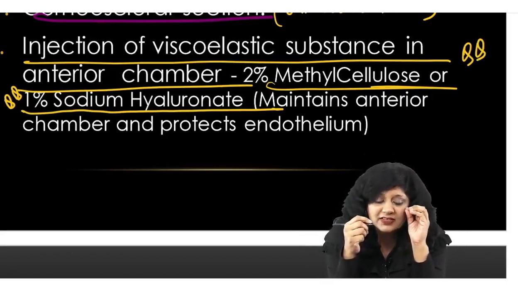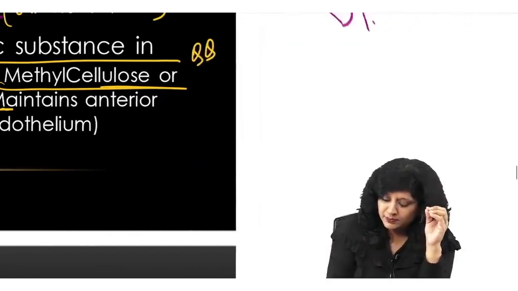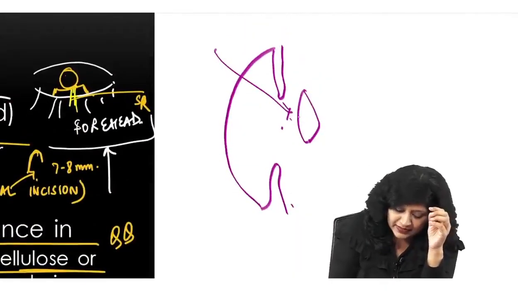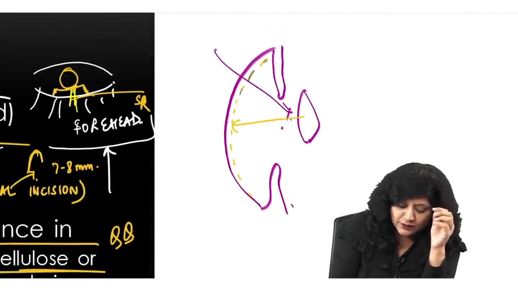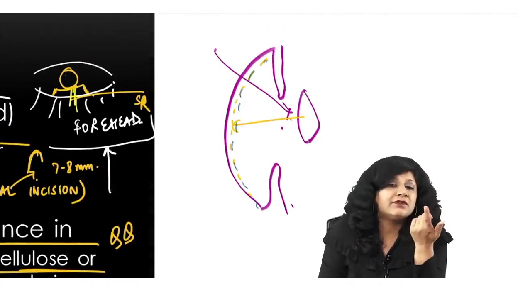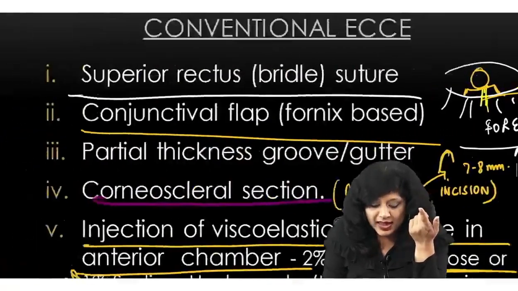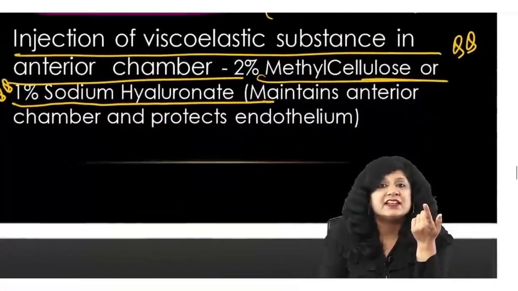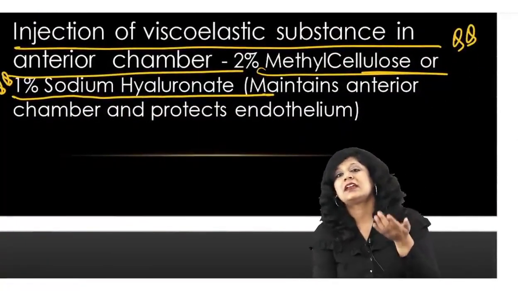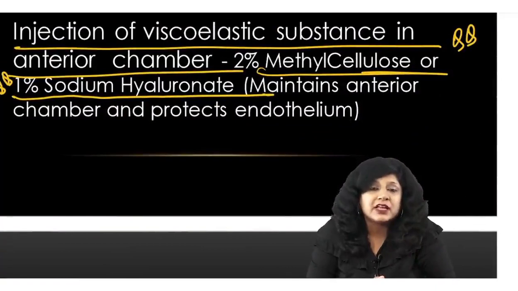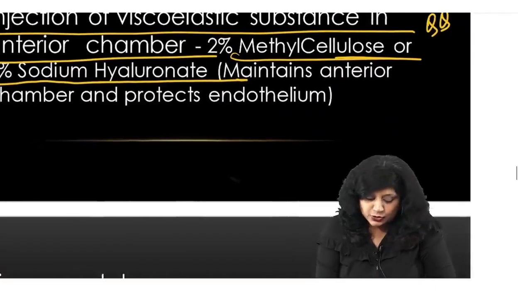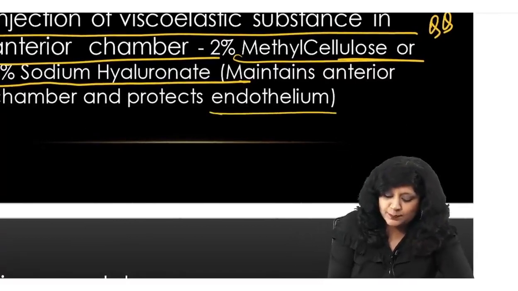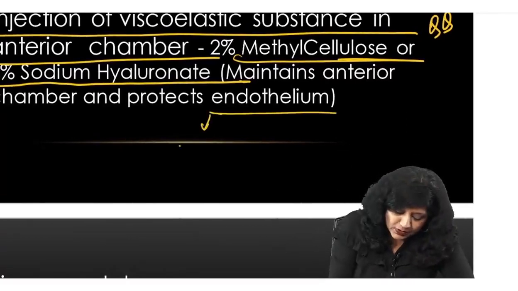Why is it so important to maintain the anterior chamber? Because if the anterior chamber is not maintained and is flattened, obviously there will be a problem with the posterior surface. If the posterior surface is hampered, the endothelium will be damaged, and the endothelium is the most vital layer of the cornea, responsible for maintaining the metabolic activities of the cornea and also its transparency.